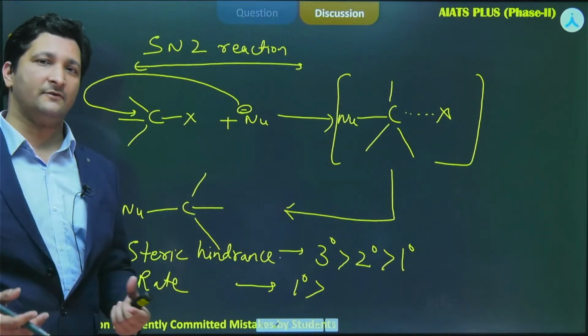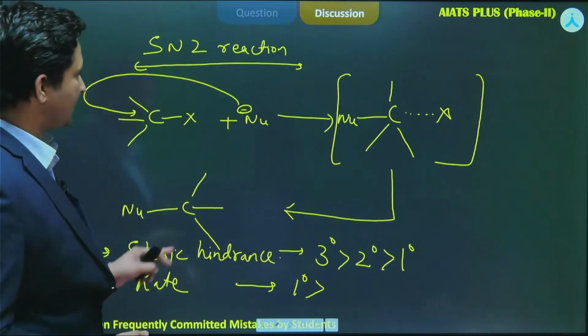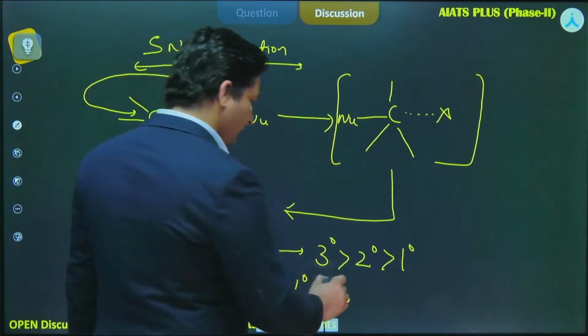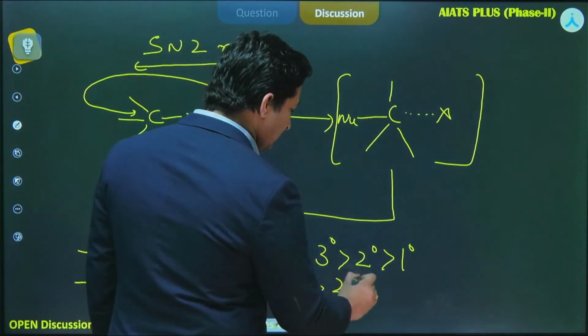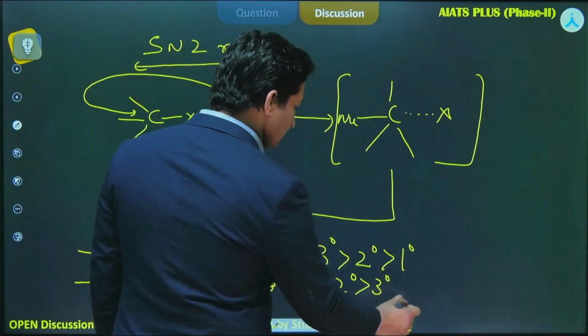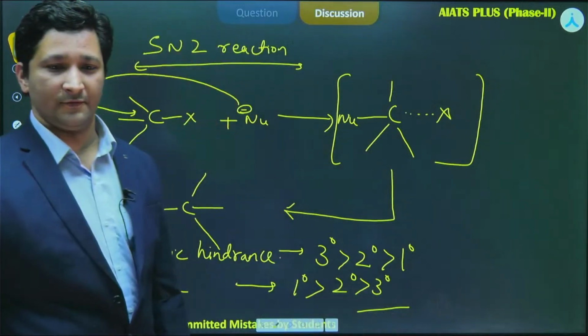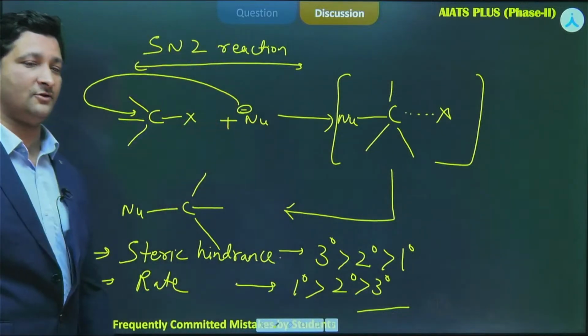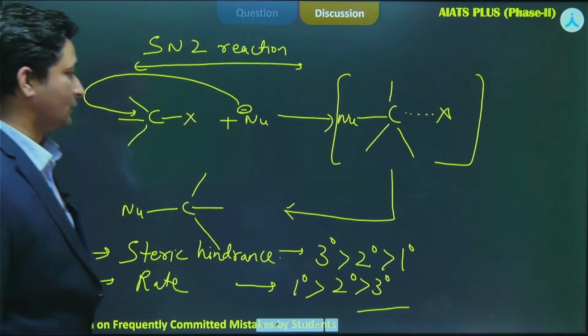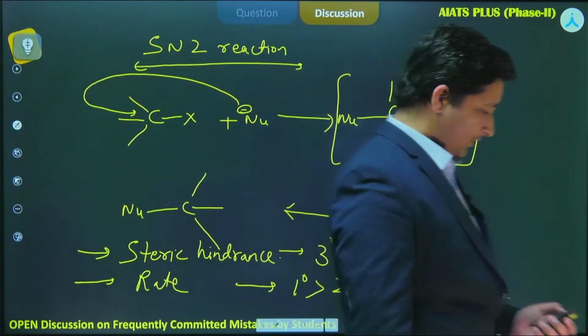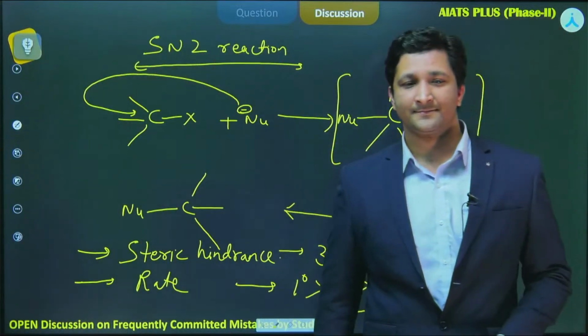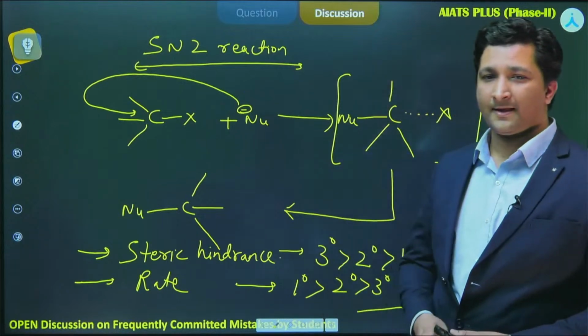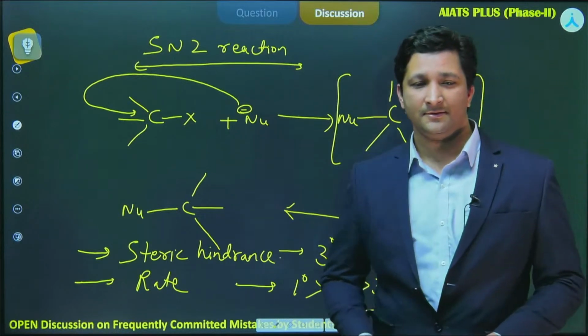In case of methyl, it becomes even easier. So that's why the rate in SN2 reaction goes methyl, then 1 degree, then 2 degree, and then 3 degree. I hope this is clear to all of you. Anyone having any doubt in the SN2 mechanism? You can ask, or we'll move to the next question. No doubt? Okay.